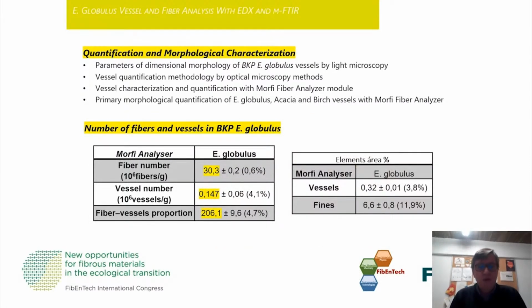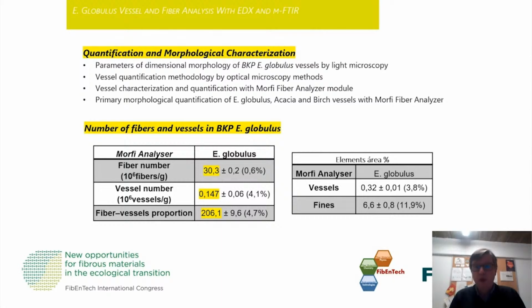The main results in terms of globulus bleached kraft pulp in the MorFi analyzer: the fiber number was around 30 million fibers per gram, and the vessel number was around 0.14 or 0.15 million vessels per gram, which gave a ratio of fibers to vessels of 266.